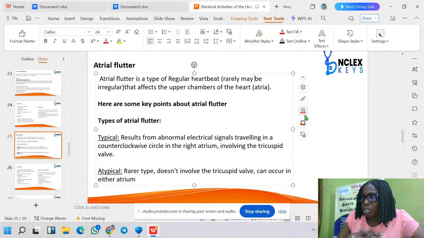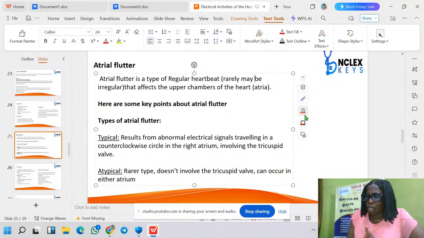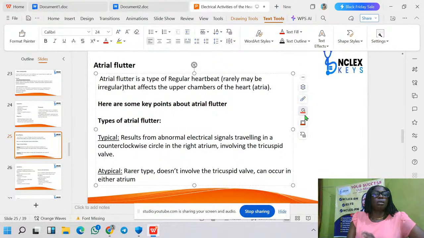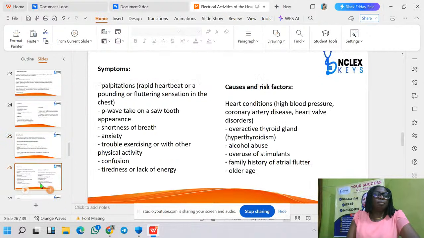It looks like continuous small letter M, and you may have another one that will look like continuous small letter U. Either of the two of them, or whichever variance you are given, it is known as atrial flutter. Okay? Are we learning?